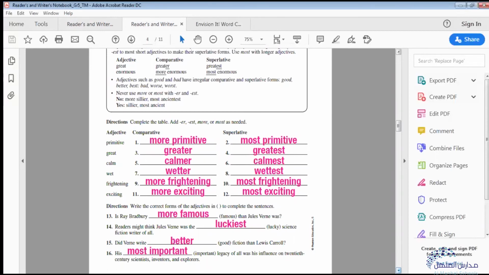Frightening, you say what? More frightening, most frightening. Exciting, you say what? More exciting, most exciting. I'll share the page for you to see it.